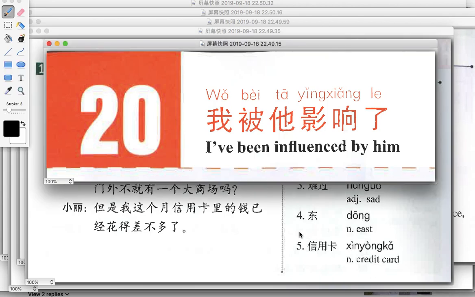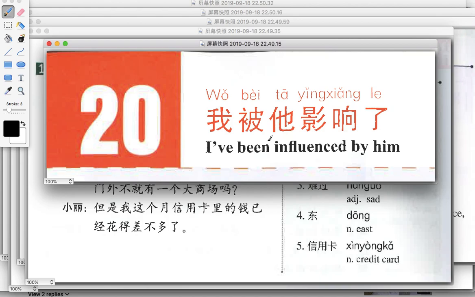大家好，我们现在来看一下 HSK 3的第20课，也就是最后一课。HSK 3 Lesson 20, the last lesson of HSK 3。我们来看一下，它的题目是我被他影响了。There's a new word, 被. That's a new structure.